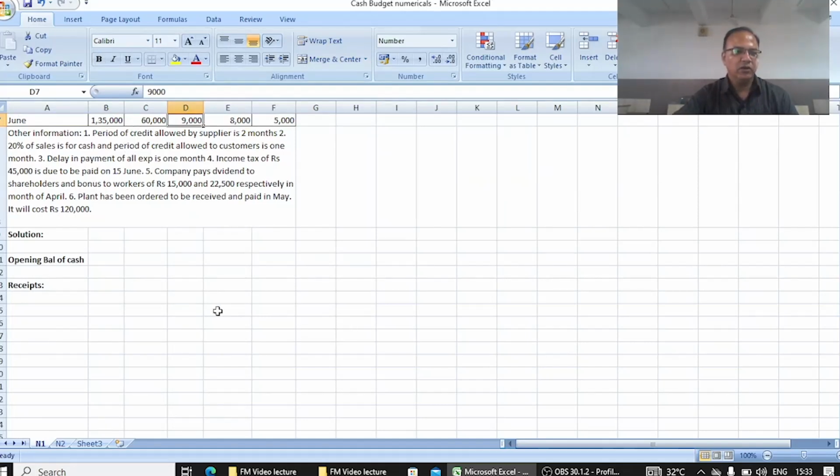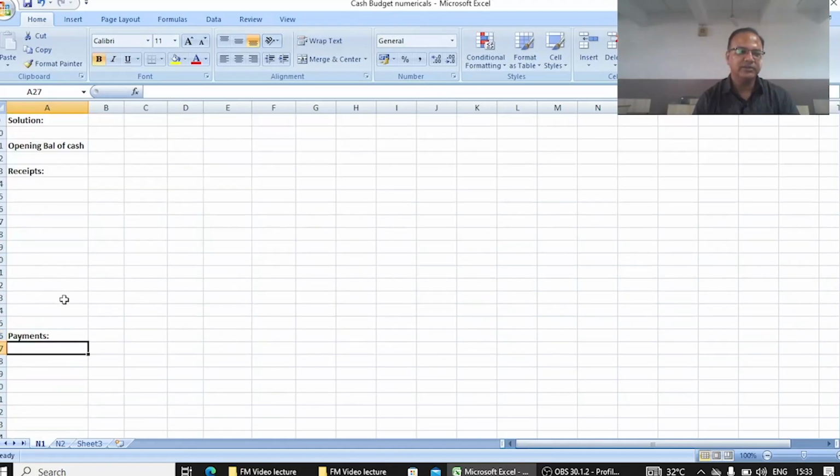First of all, we have to follow this format. Opening balance of cash we write here. Then receipts, where we will write down all receipts, and after that all payments, and then we deduct payments from receipts.